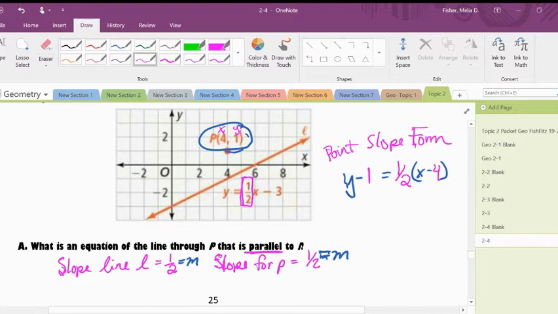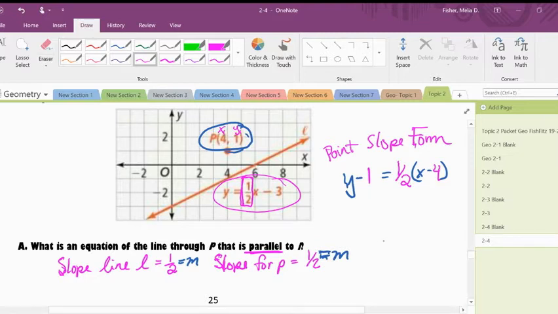If we wanted this in slope-intercept form, like the one they gave us, then we could go ahead and solve for y, and then it would be in y equals mx plus b form. But we do not have to solve this at this point because it didn't specify which kind of formula we were looking at.